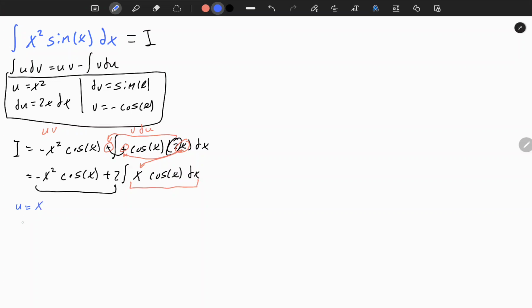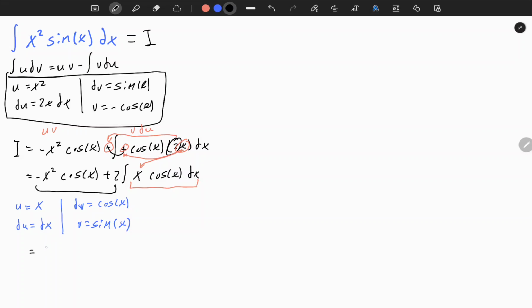So u will be equal to x, and then du equals dx, and it'll be easier to get the entire integral of cosine, which then would be sine x. And once again, we have to use our integration by parts formula here.